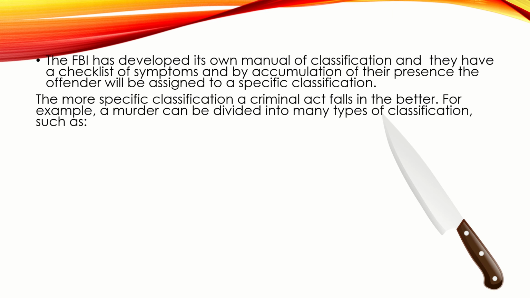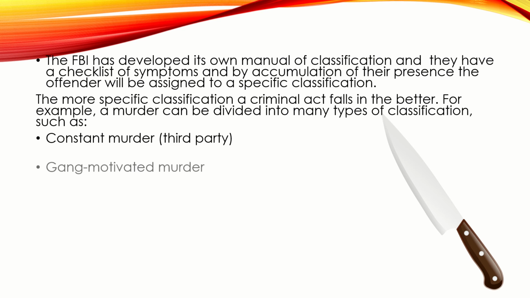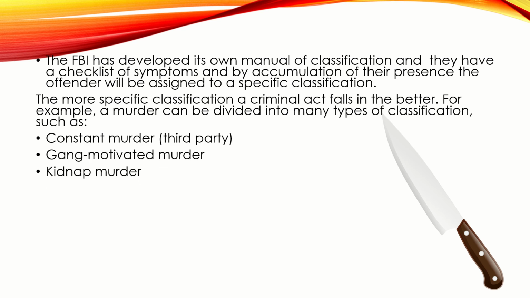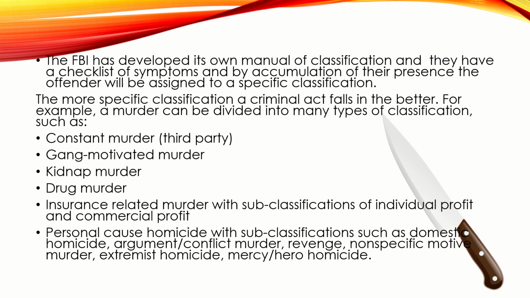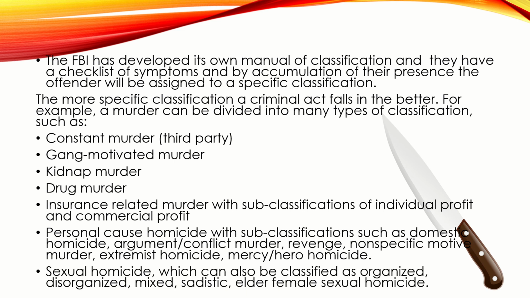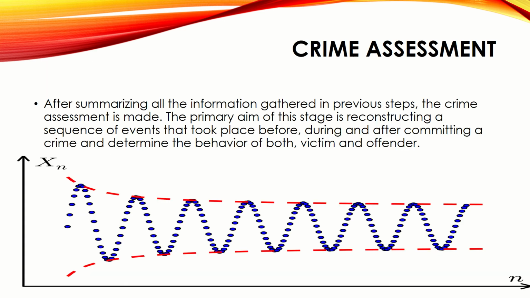For example, a murder can be divided into many different types, such as gang-motivated murder, kidnap murder, drug murder, insurance murder, personal cause murder, sexual homicide, etc. So during decision processing, they try to classify the criminal's crime in specific classifications.